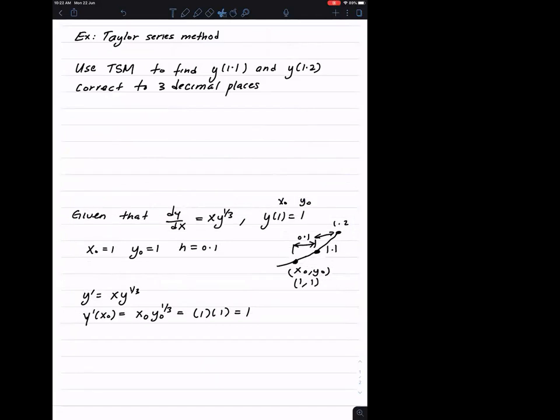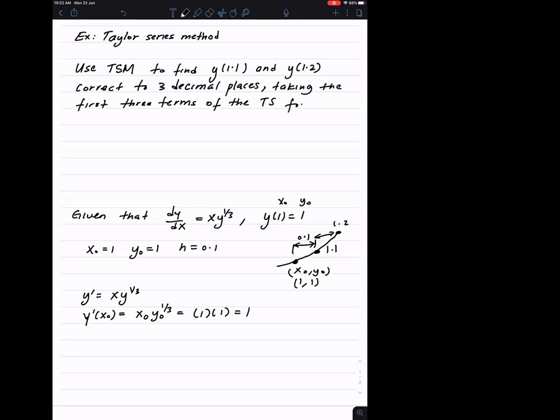Correct to 3 decimal places, taking the first three terms of the Taylor series.